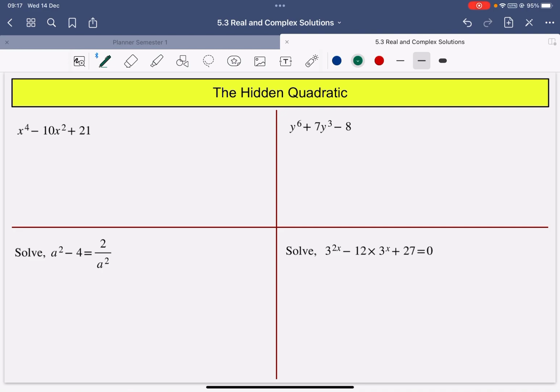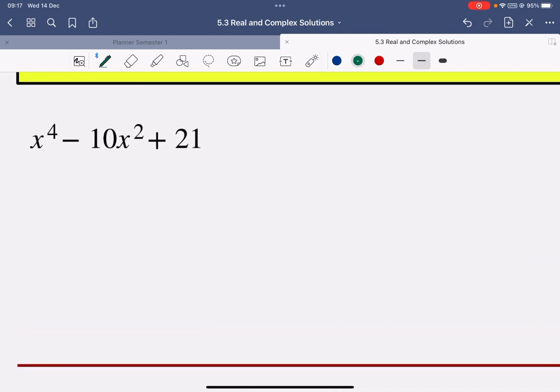Starting off with this one, it's often good to think about x squared being y. So if we replace x to the 4, that's y squared, and the x squared there just is y, and 21. Now there's no equal sign in the question, so we're not trying to solve it, we're just trying to factorize it.